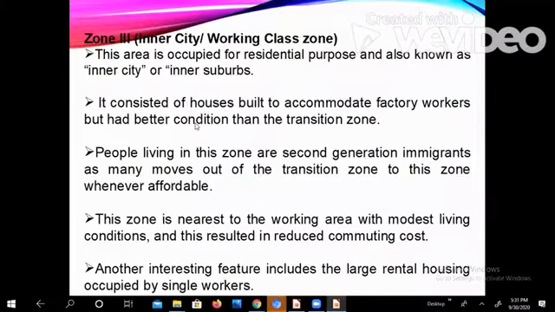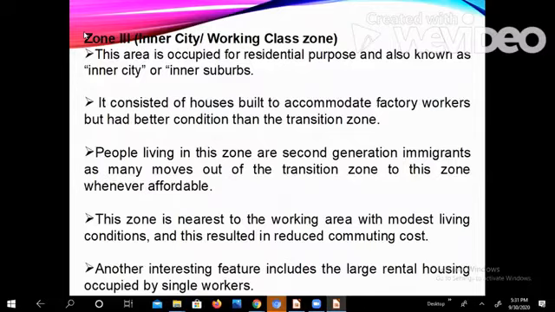Then on, we have zone 3, the lower income group zone or the working class zone. Now this working class zone is occupied for residential purposes. Who occupies this? This is generally occupied by the working class or the lower income group.